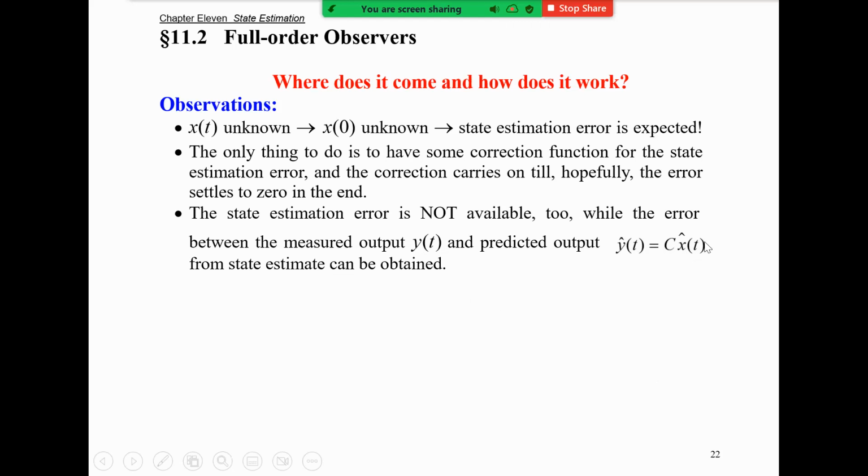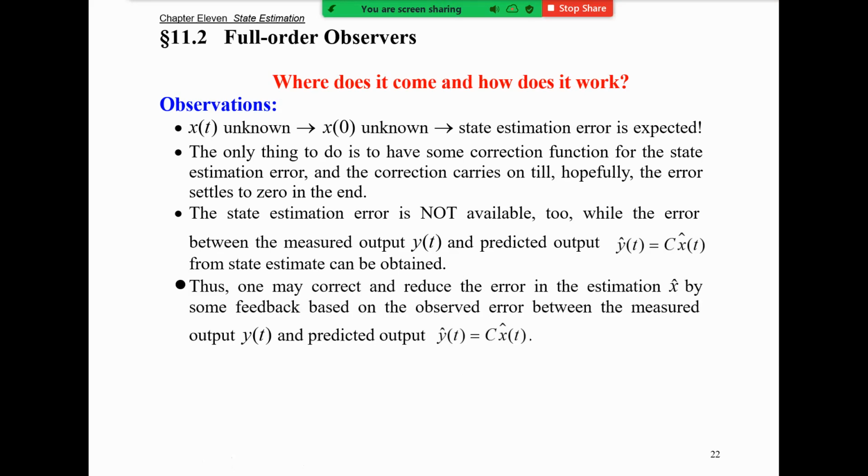So this one we can compute. We also measure the output itself, and the difference between those two, we can use that information to correct the estimation. So therefore, we may correct and reduce the error in the estimation by using some feedback, and this feedback information will come from the output y and the estimated output y hat.